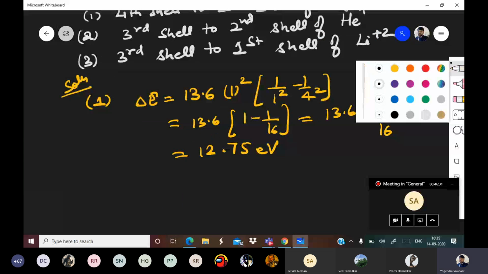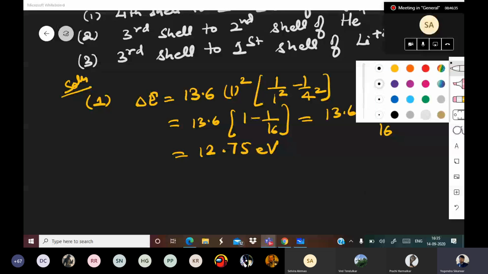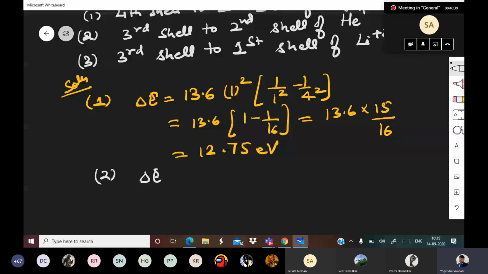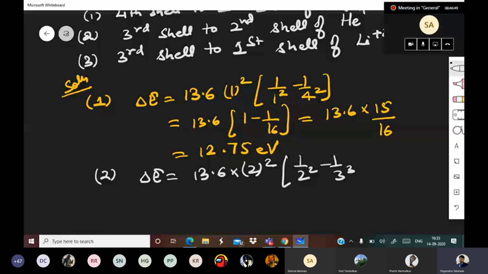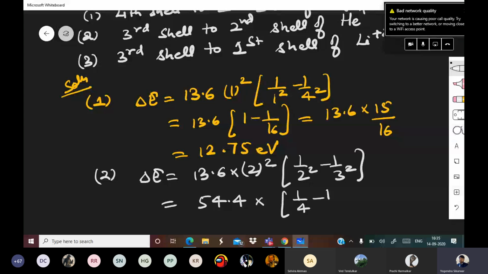Next part. When electron transits from third to second of He plus. So delta E is equal to 13.6 into 2 square because it is He plus, 1 upon 2 square minus 1 upon 3 square. So that comes at 54.4 into 1 by 4 minus 1 by 9.